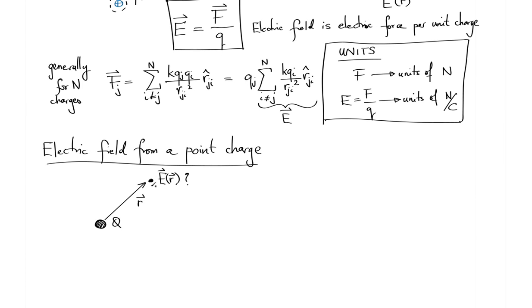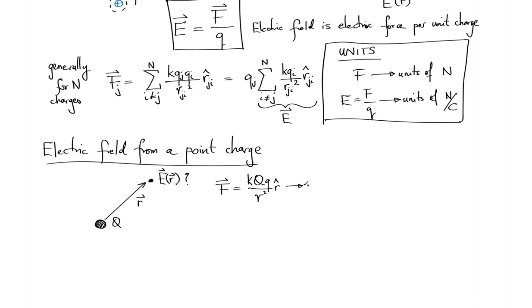So we know that if we placed another charge here, basically the force would be given as K, big Q, let's say we put a little test charge there, little q, over R squared, R hat.